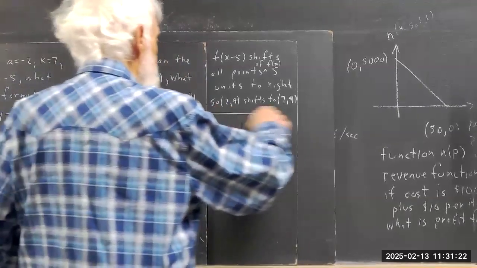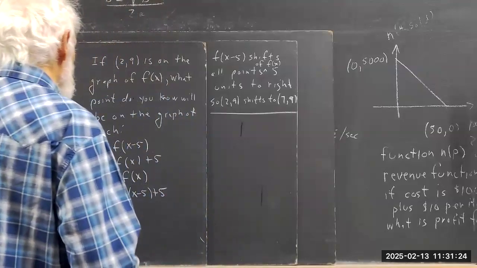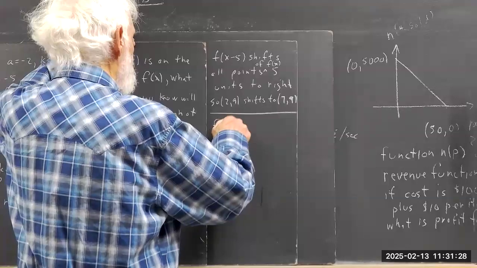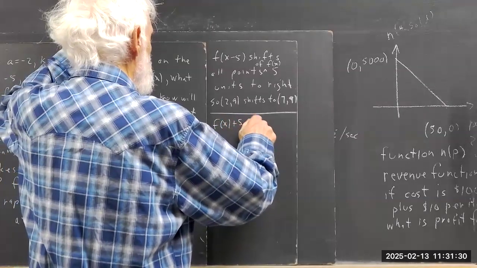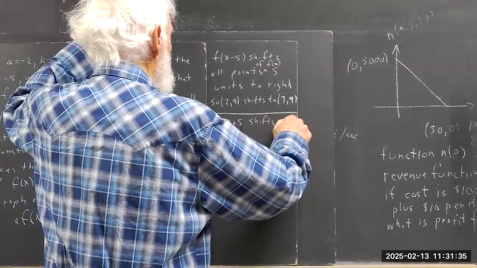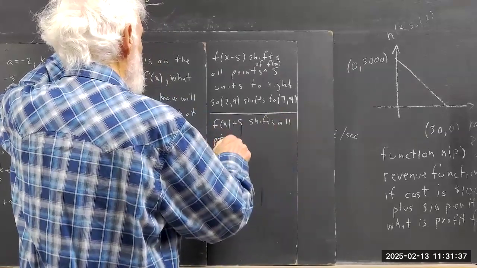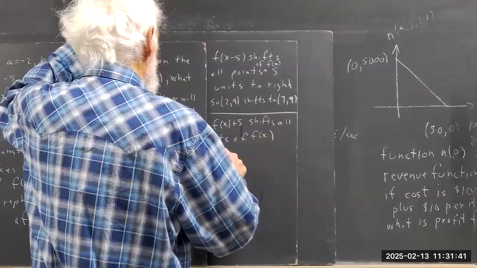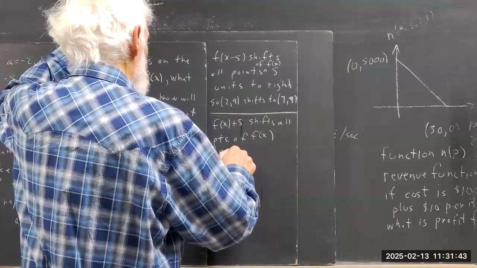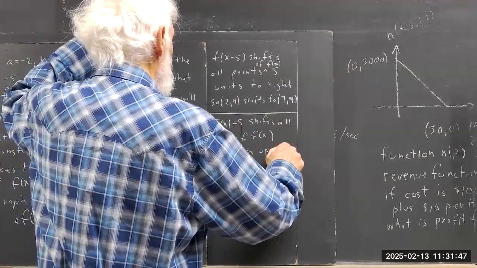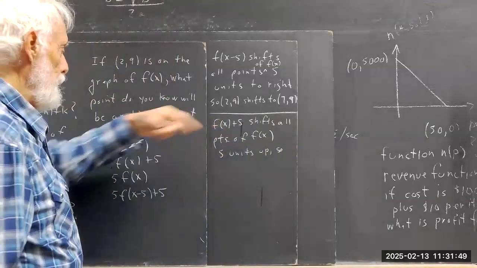Now, what does f of x plus 5 do? It moves all the points 5 units up.